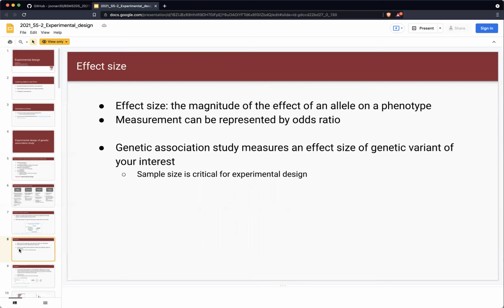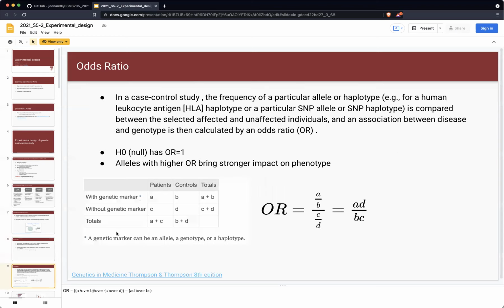Again, this describes a limited number of the entire population, so the sample size is a critical part of estimating those statistical quantities, which is the effect size. Odds ratio is one way you can represent the effect size.